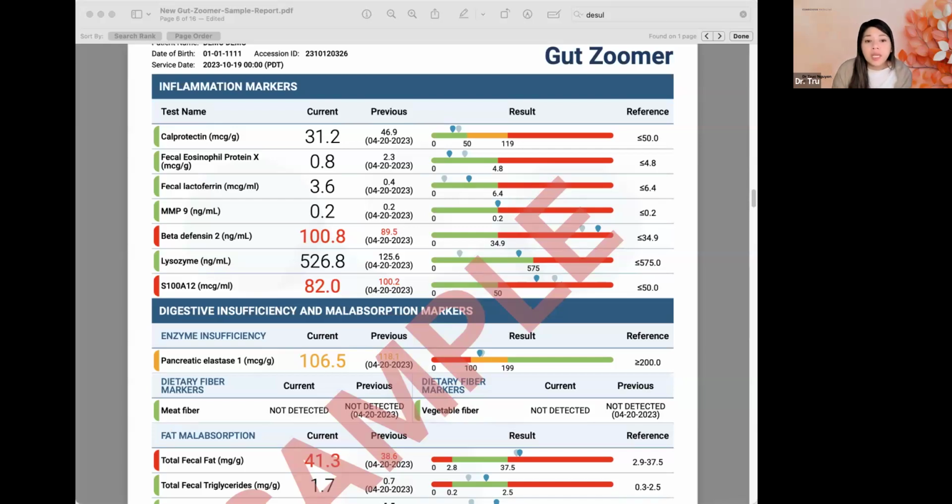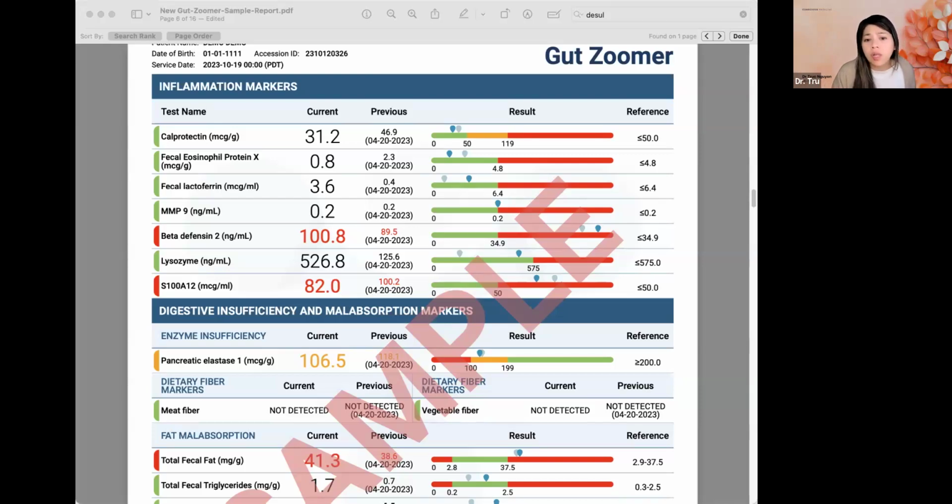And then MMP9, the matrix metalloprotease 9. It is significantly increased in the stool of people with ulcerative colitis compared to healthy people or patients with IBS. This is a repair enzyme, and it gets upregulated when there is GI damage. When there is ulceration, that's really significant GI damage.